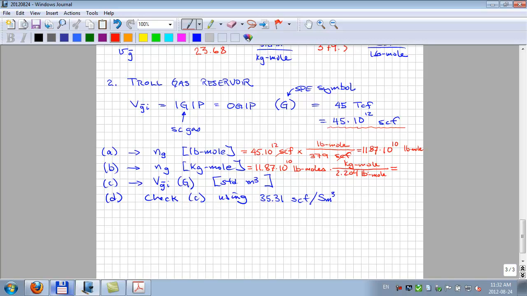And that will give us, because these cancel, 5.39 times 10 to the 10 kilogram moles.